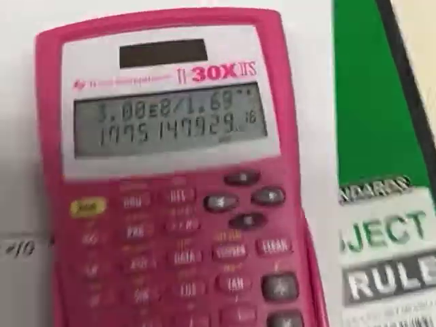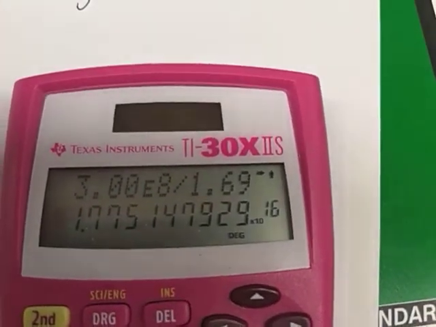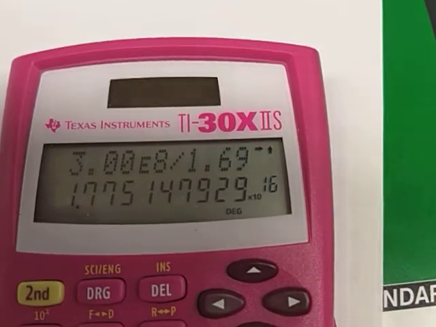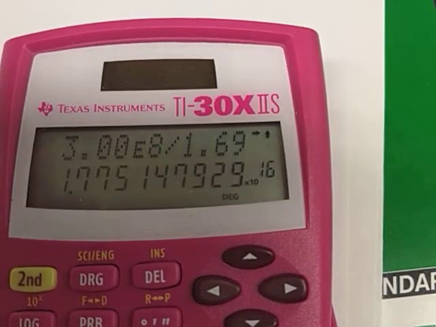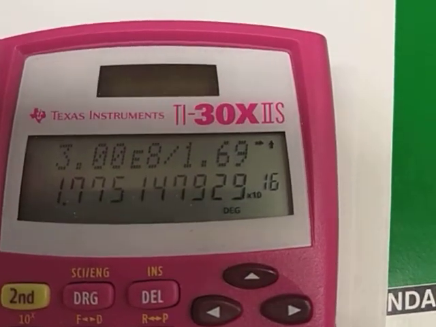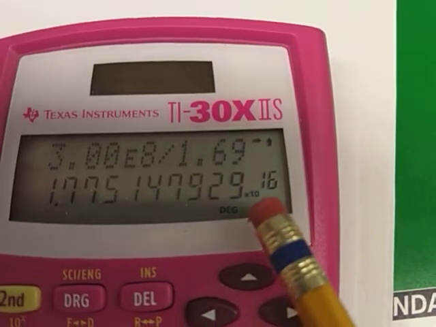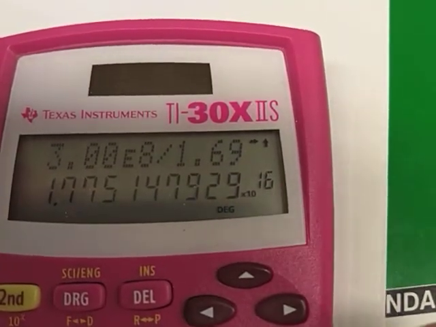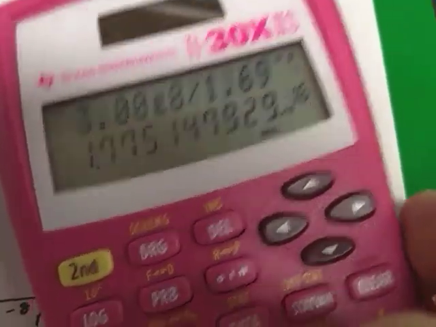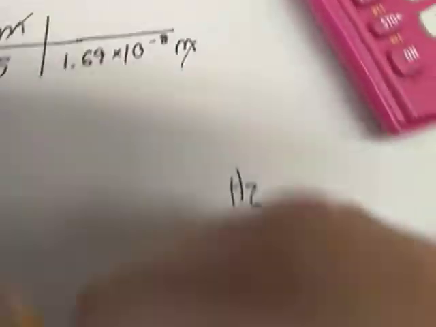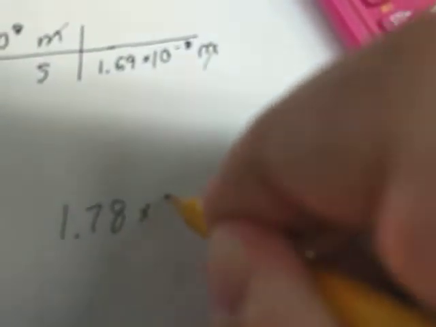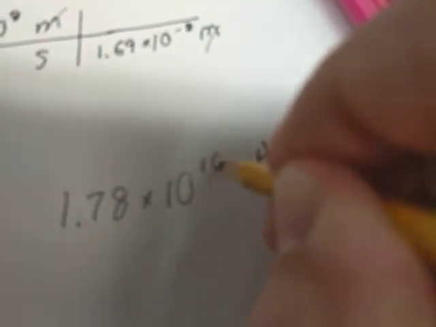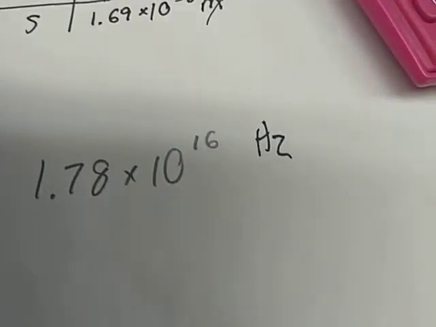I hit enter. And I look at my screen and I've got, let's see, 1.775. That's going to round up to 1.78. And then way over here, I have to see the rest of this: times 10 to the 16th power. So I got 1.78 times 10 to the 16th power.